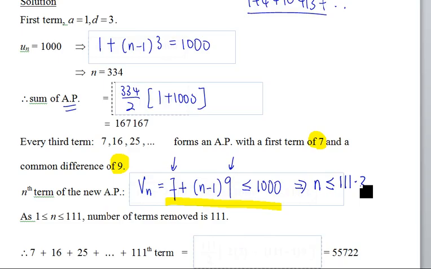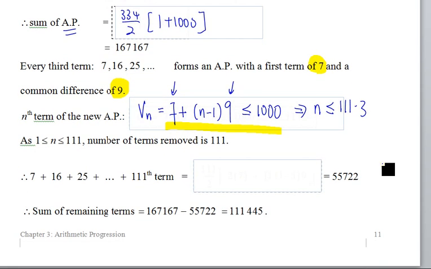Answer wrong, no marks. So actually you are going to remove 111 terms. Therefore this new AP sum will be 111 over 2 times 2a, 2 times 7, plus n minus 1, which is 110, times 9.